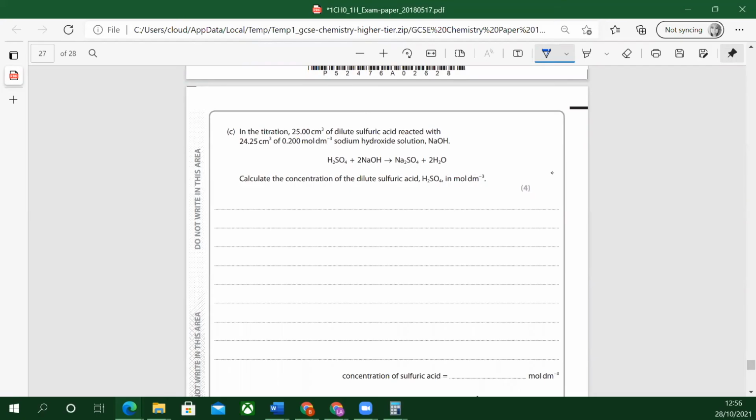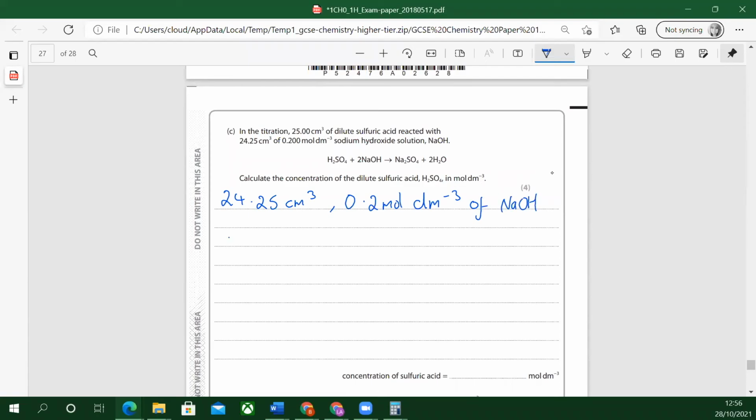Let's look at what information we have. There are some things we know and some we don't. So the things we know first: 24.25 cm cubed and 0.2 mole per dm cubed of sodium hydroxide.